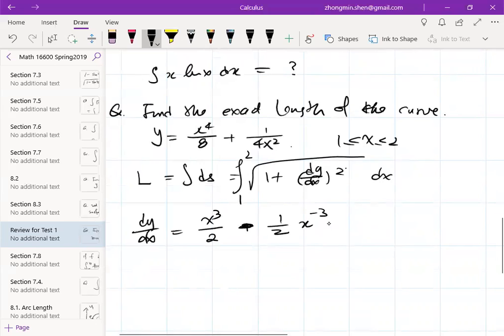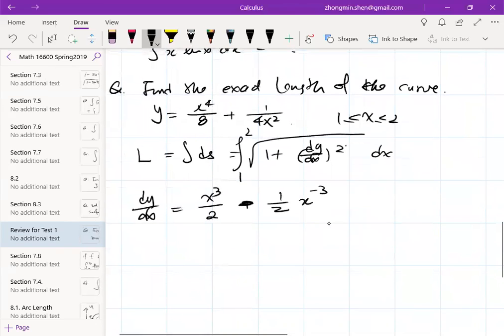I'm going to use this notation. Okay, is this notation? Yes. Okay. Just differentiate that. Yeah, you see, it's a quarter times x to the negative 2. When you differentiate that, you get negative 2 over 4. That's going to be negative 2.